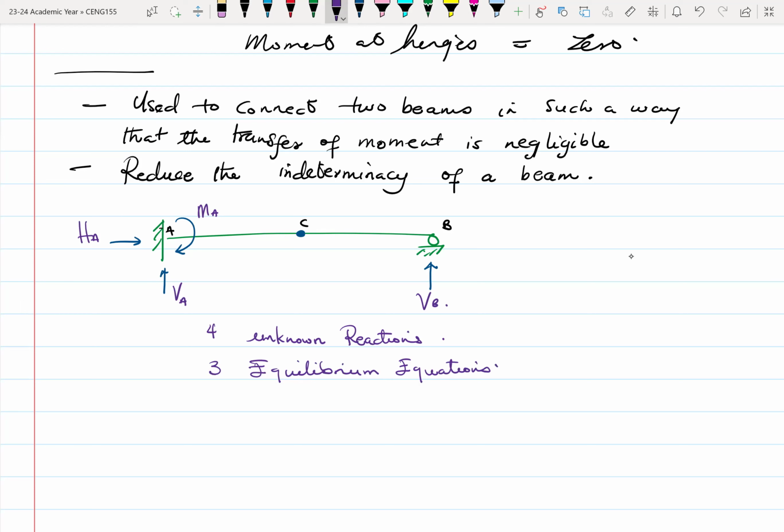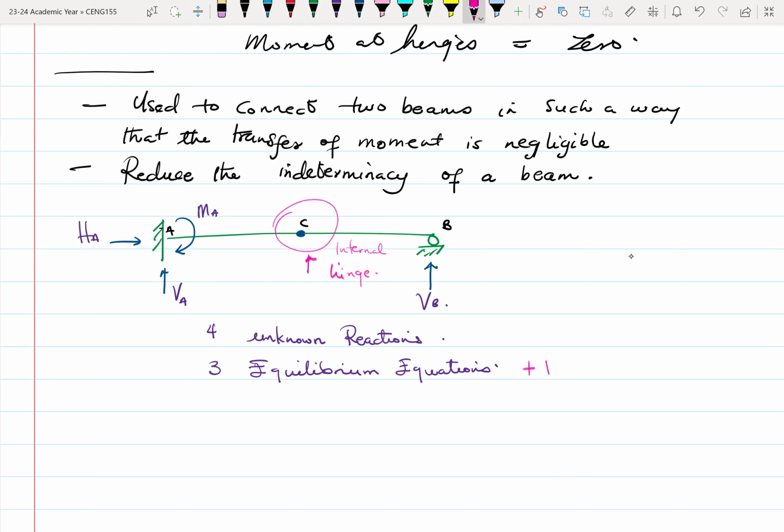But because we have an internal hinge right here in the span, what this internal hinge does is that it helps to introduce an additional equation. Every internal hinge that we have in the system adds a plus one. If you have two internal hinges, that is plus two. If it's three, then it's plus three, and it keeps going on.